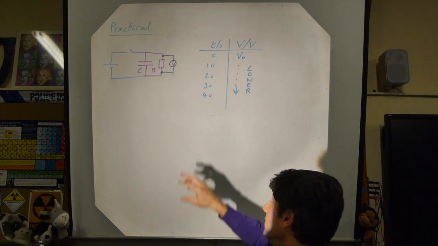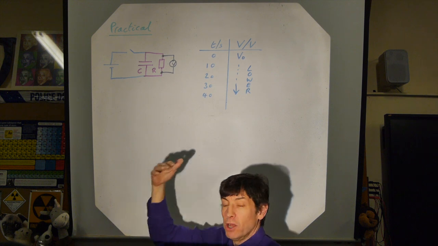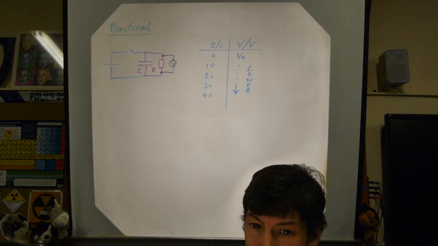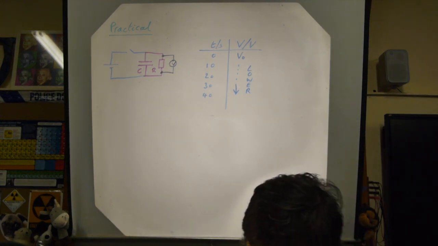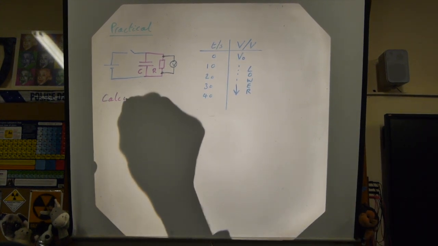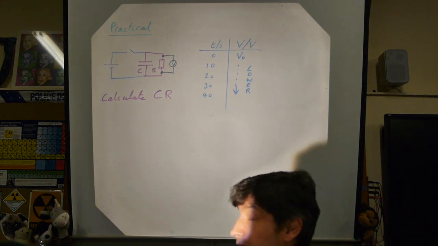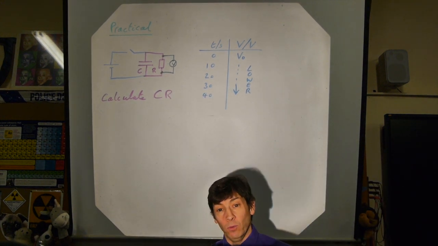So it might go down by 0.2, then multiply by 0.2, then multiply by 0.2, getting lower and lower. But what I want you to do here, to make life easier, is just calculate CR. Because CR is in that equation that we dealt with.